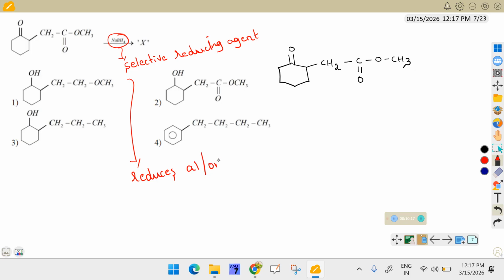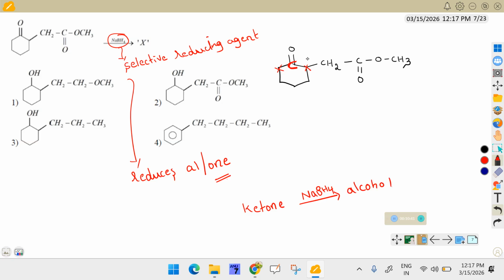Which group is this? Ketone group. The ketone group undergoes reduction, then it gives alcohol.